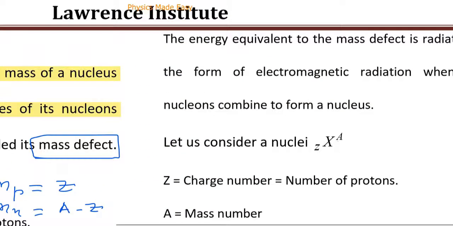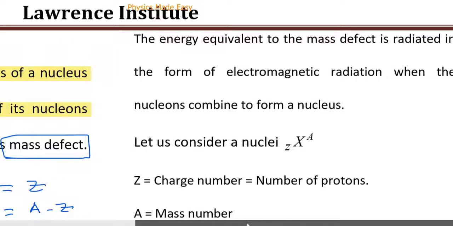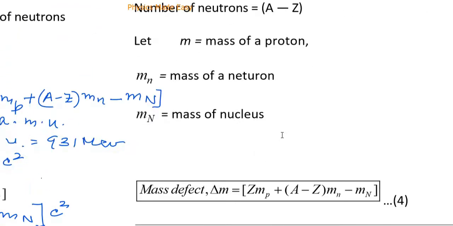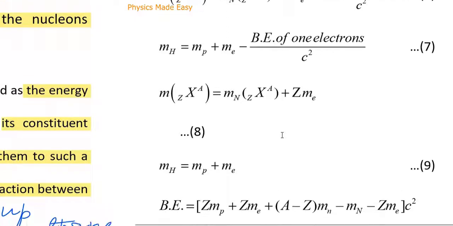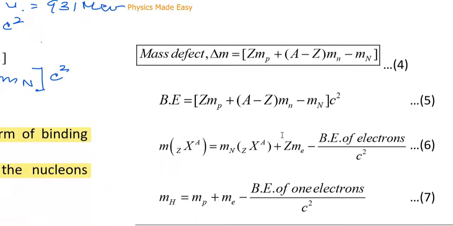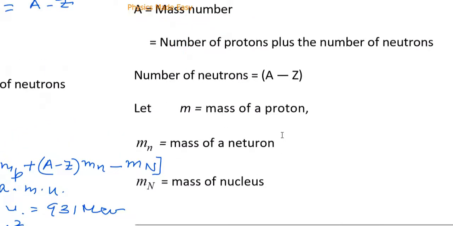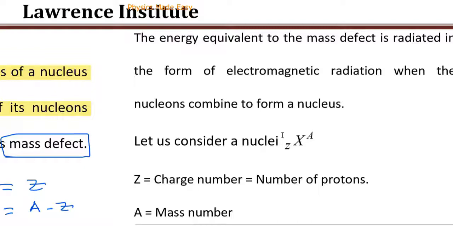we shall proceed in a similar way as we have done just a few minutes ago. So first we will calculate the mass defect that we have just calculated. The mass defect I will write again for your practice.